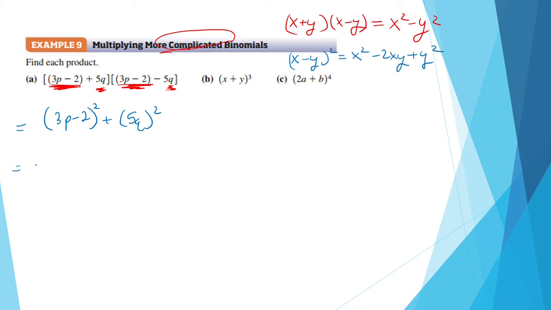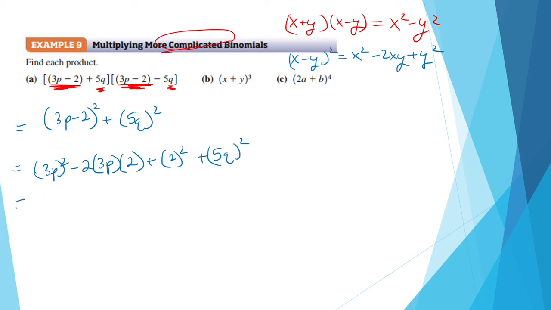So this is equivalent to (3p) squared minus 2 times 3p times 2 plus 2 squared plus (5q) squared.